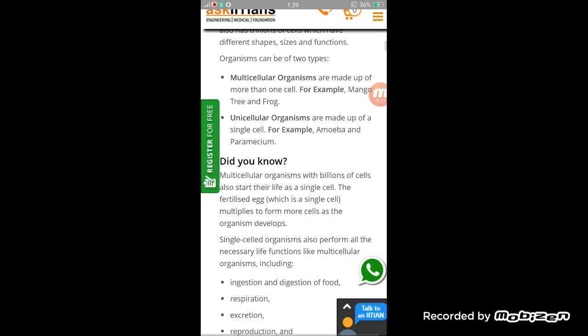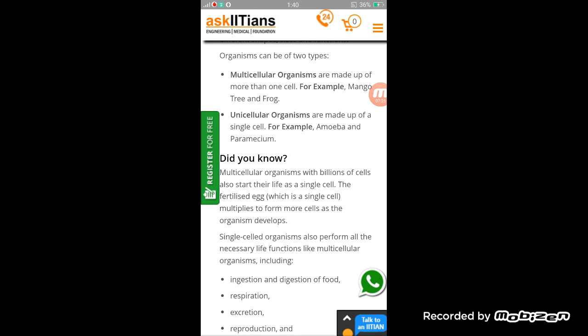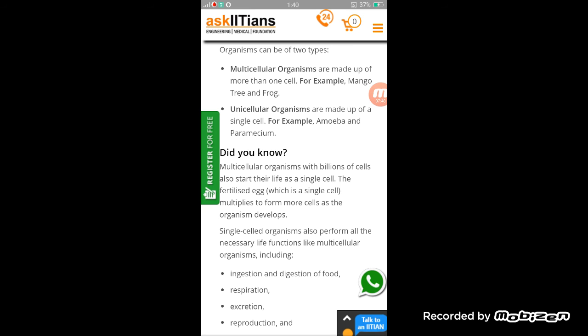Organisms can be divided into two types: multicellular organisms and unicellular organisms. Let us first study multicellular organisms. Multicellular organisms are those organisms which are made up of more than one cell.